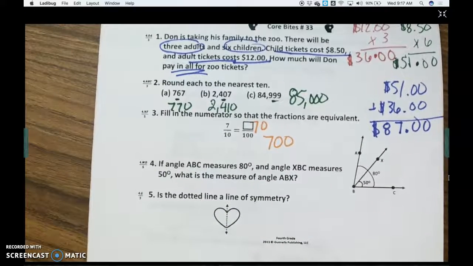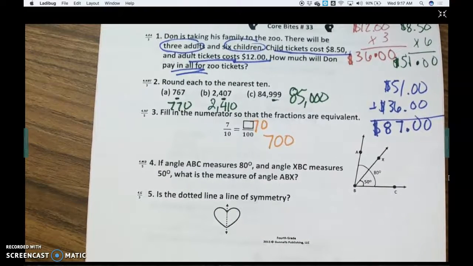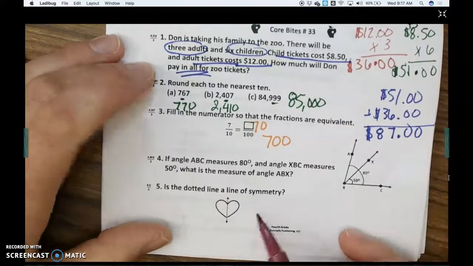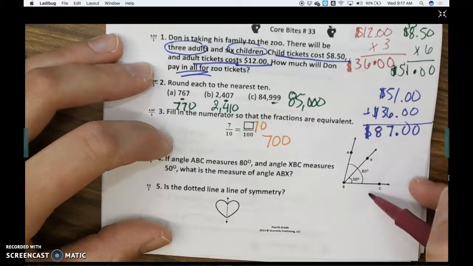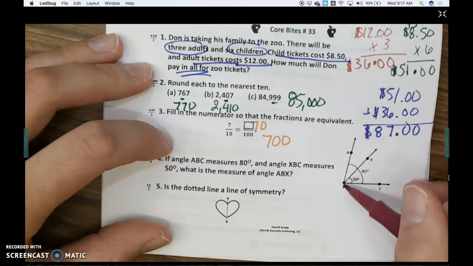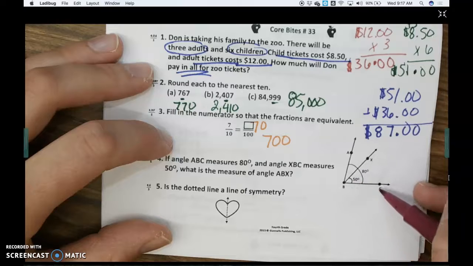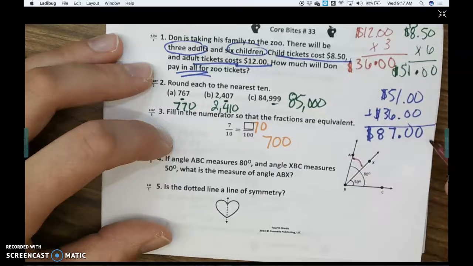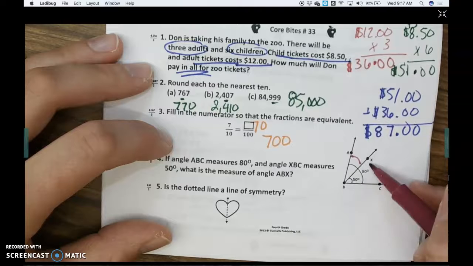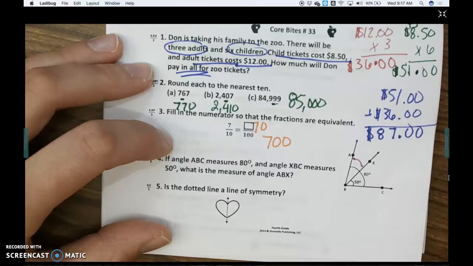For your next one, you have an angle. And it's asking you to figure out the measure of ABX. So ABC equals 80. XBC equals 50. So they want to know this missing angle right here, which is ABX. You're naming it based on your points.